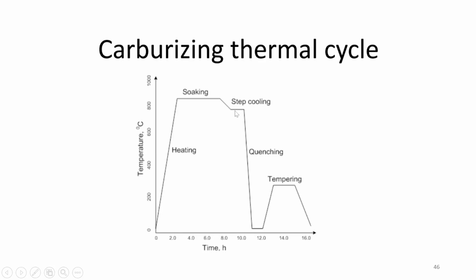Why do we require step cooling? I told during a question as well. Step cooling reduces the distortion that would occur if you were cooling directly from this point. After quenching you require tempering as well, because martensite needs to be converted into more stable phases and to reduce the residual stresses.